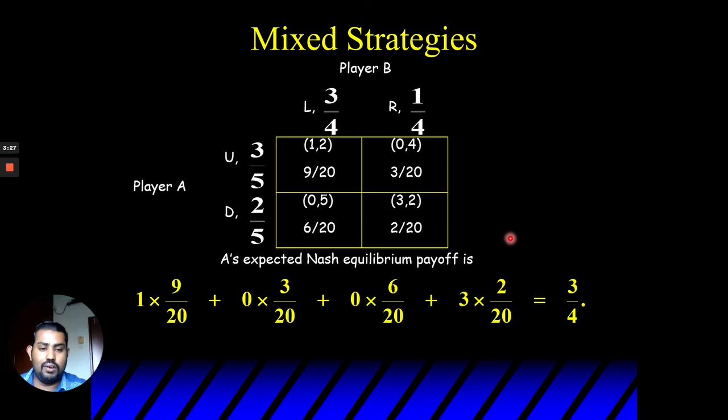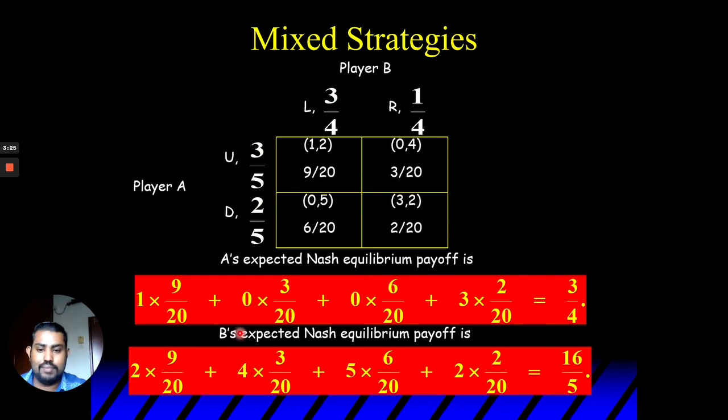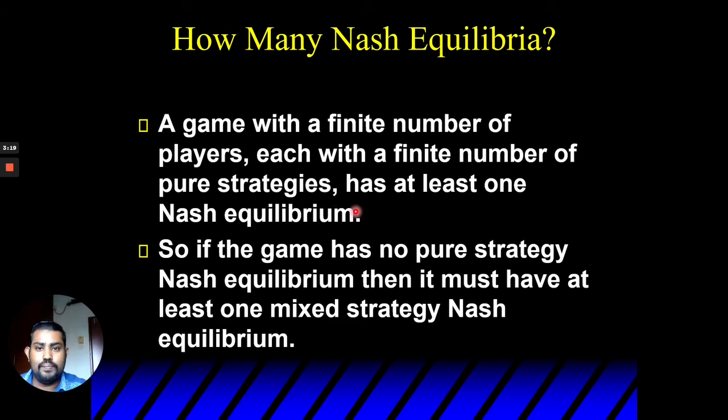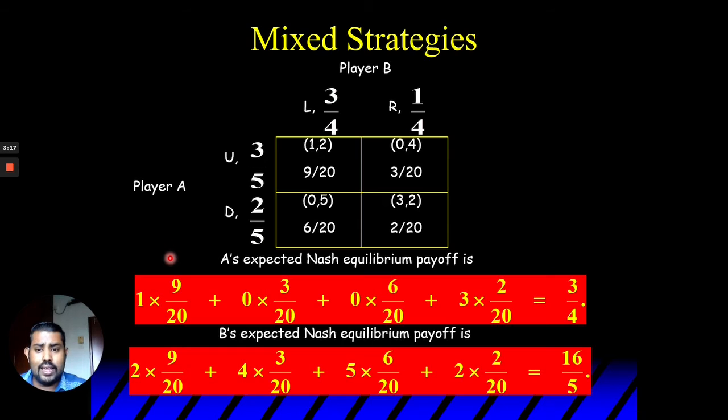Basically we get 3 over 4. You need to do the same thing for the expected Nash equilibrium payoff for B, so you will get 6 over 5. So the final result is A's expected Nash equilibrium payoff is 3 over 4 and B's is 6 over 5, with the mixing probabilities of player A being 3 over 5 and 2 over 5, and for player B 3 over 4 and 1 over 4. This is the way to solve question 1C and 1D.